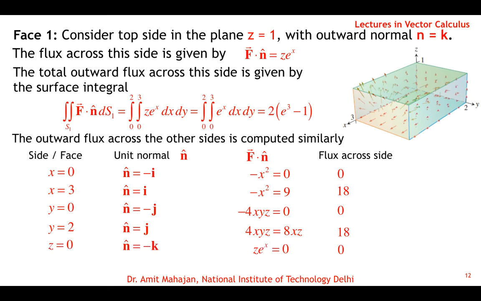For z equal to 0, the base surface, the unit normal will be negative k, and F dot n is z e power x, but with z equal to 0 it becomes 0, so the flux is 0. And the top surface, which we already calculated: for z equal to 1 the unit outward normal is k, F dot n is z e power x, z is 1, so simply integrate e power x, and we get this value which we already solved. So the total flux out of this box-shaped region will be the sum of the flux on the individual planes.